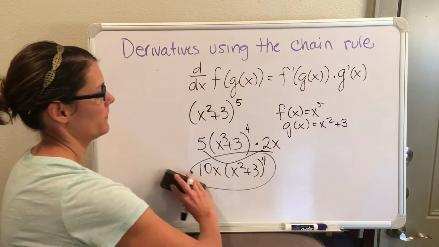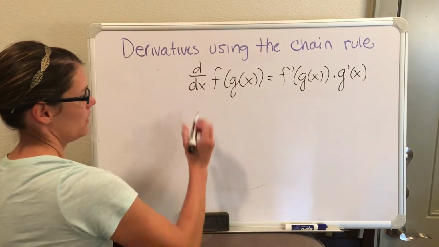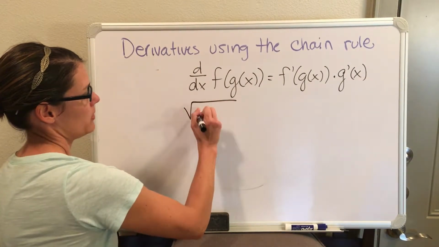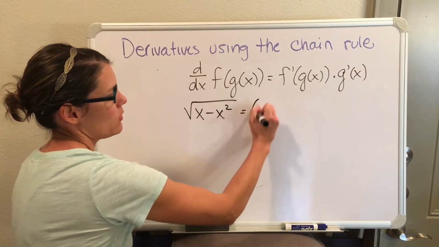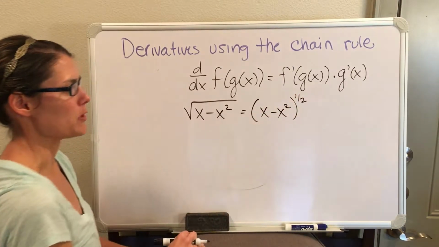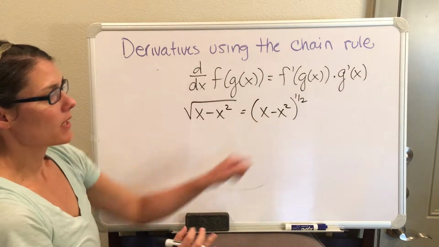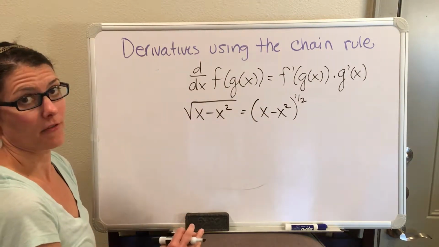Let's do one more of a basic chain rule. What if I have the square root of x minus x squared? First of all, you would need to rewrite this as a power. Can't have anything in radical form. And you need to recognize this as a composite. So I'm going to do the derivative of the outside first.